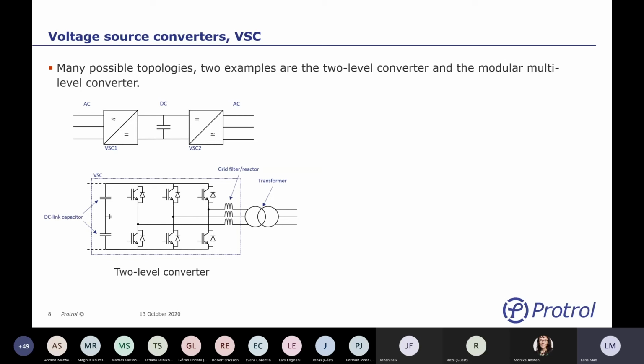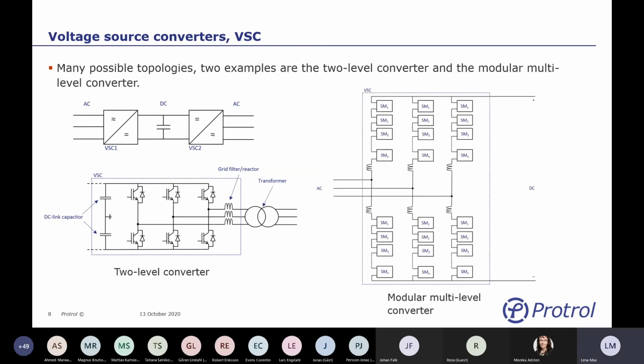For the larger wind turbines, there can be also other topologies of interest. One more possible topology is the modular multi-level converter. It's a bit more complex structure, and it's commonly used for higher power levels, higher voltage levels, and it's used in many of the new HVDC systems.